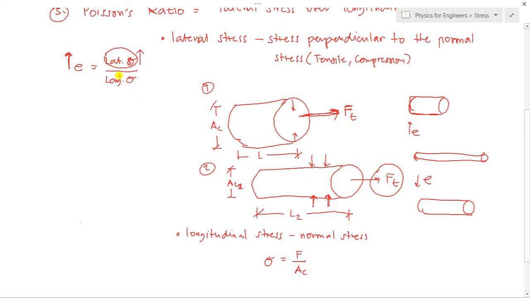So if we're going to solve for the lateral stress, what will you do? You just multiply the Poisson's ratio of the material, because this is dependent upon material property. So material property, this is a constant value. So therefore, kung makakuha na kag normal stress or the longitudinal stress, then you can solve directly the lateral stress by using the formula for Poisson's ratio.